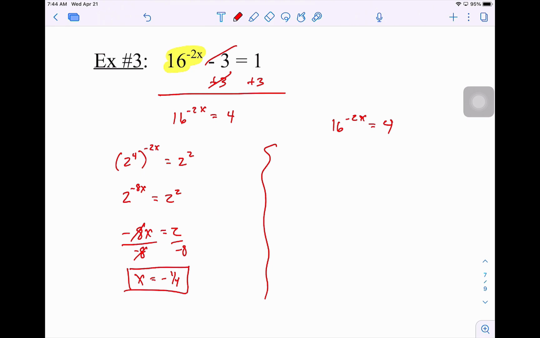Out of curiosity right now, give me a quick gauge. As we do this next method, if you had to pick, and I know it's very early, we're 10 minutes in, how many people would do the definition of a log, where you change your exponential form into a logarithmic form, versus taking the log and bringing the exponent out front? Go ahead and raise your hand if you would do the definition of a log.